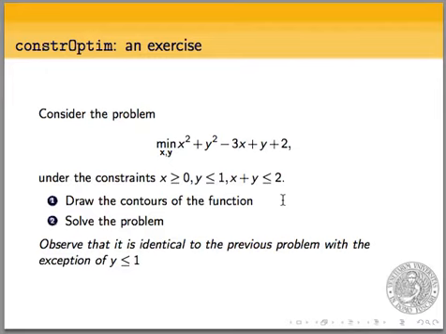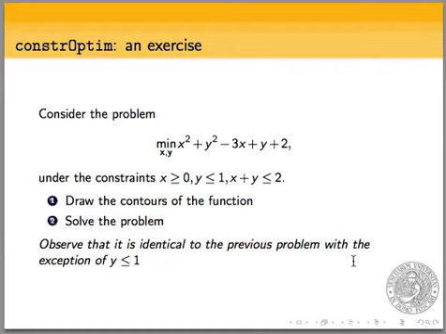And in particular, you may want to draw the contours of the function, try to have a geometrical look at the problem. Then you can solve the problem once you have written your constraints in the linear form which is required. Basically, you have to reverse a couple of inequalities in this case in order to write the constraints as Ax smaller or equal than b.